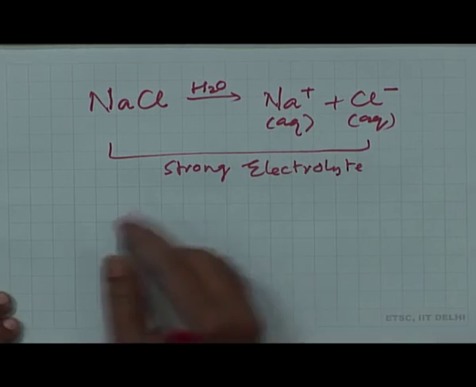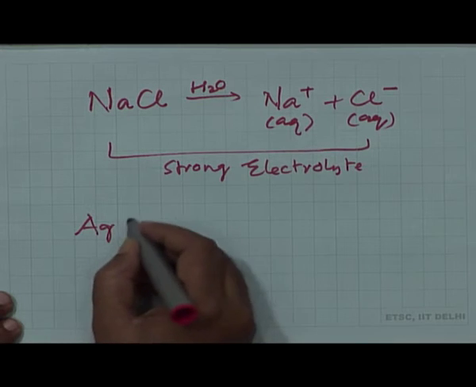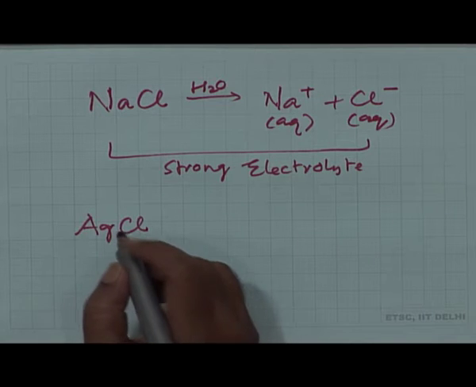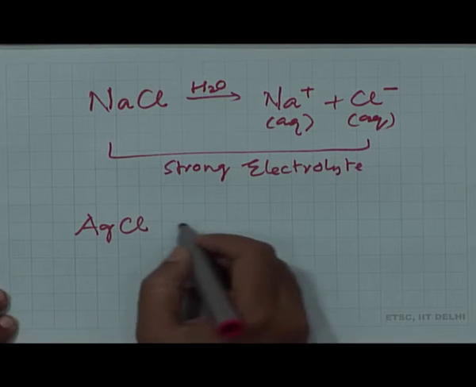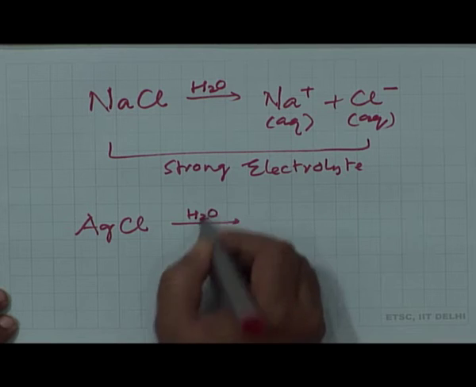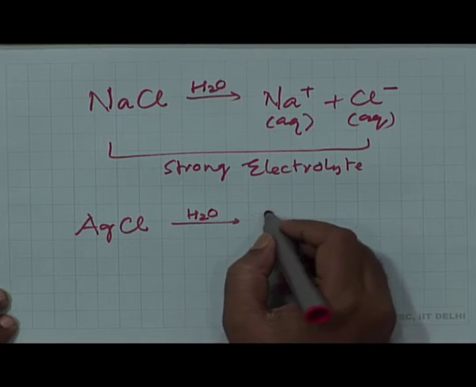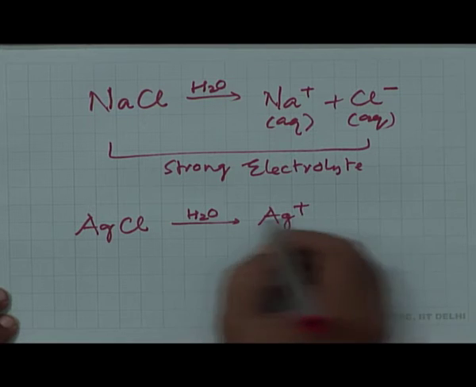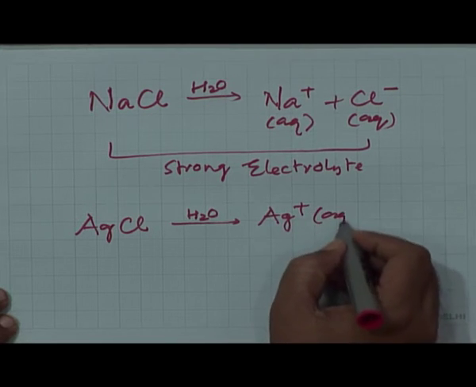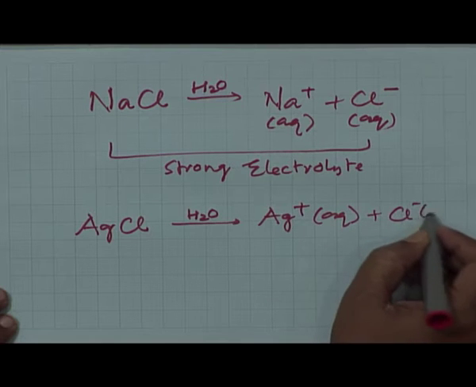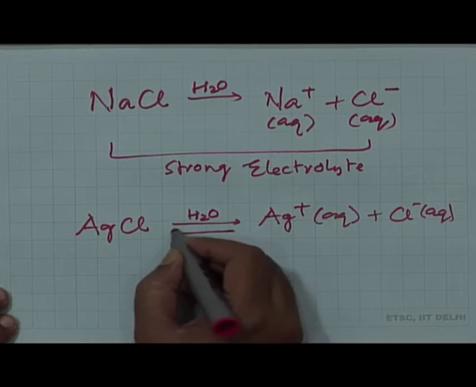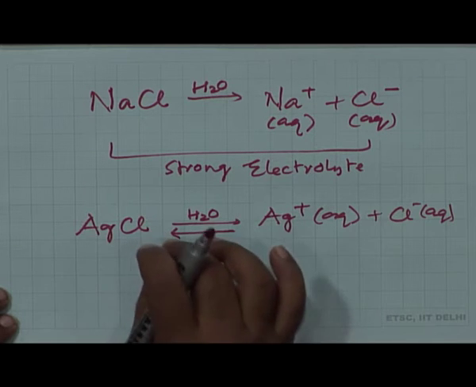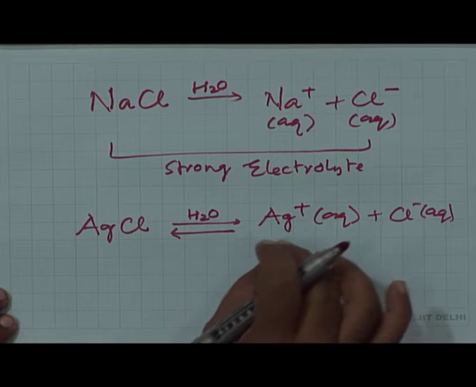On the other hand, you have sparingly soluble salts, something like AgCl, silver chloride, gives you Ag plus and Cl minus, and here it is a reversible reaction. What this means is AgCl is not completely dissociated.